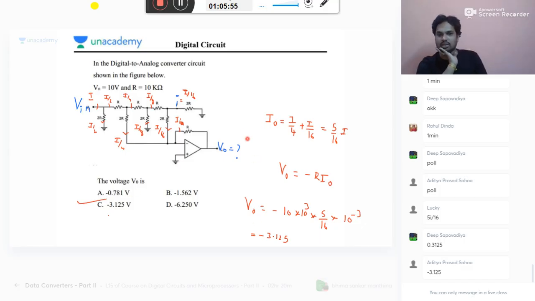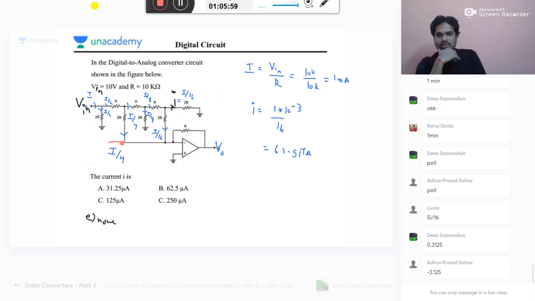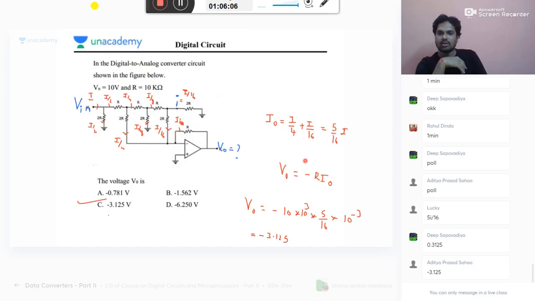Single step answers. That analysis we already did in the previous question. Use this and this, and then you apply minus R into I. Same, if you understand the theory properly, you can answer both questions. Any doubt, ask me, otherwise we'll move to the next.